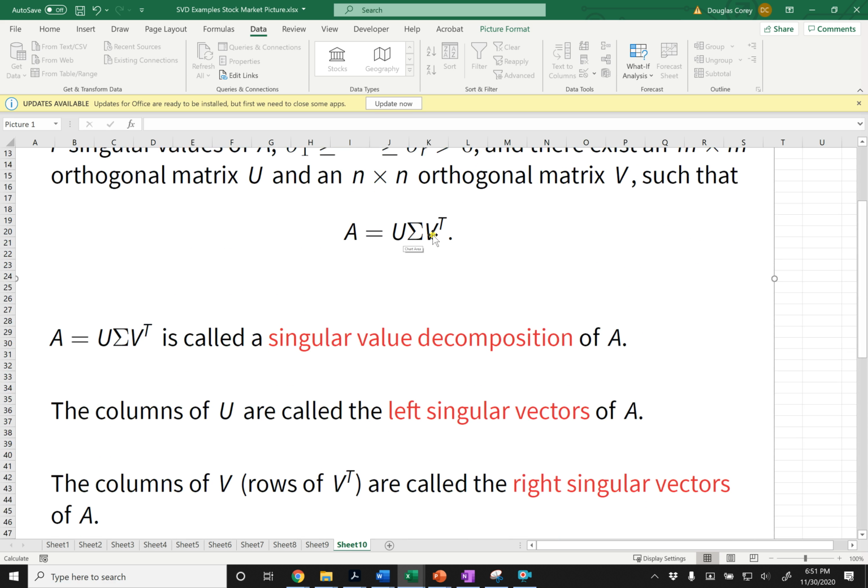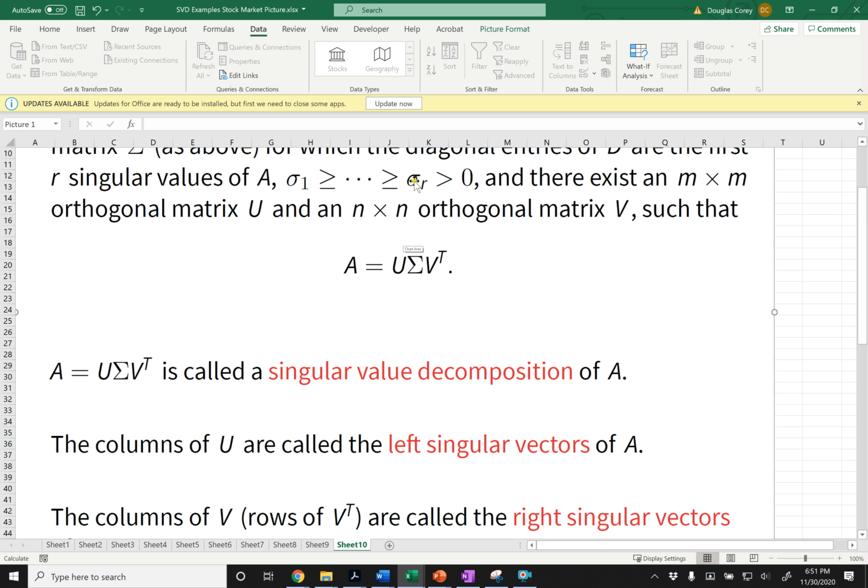We've seen U and V. This sigma is the same size as A, and it has zeros everywhere except down the diagonal, what you'd think of as the diagonal if you start at the upper left. And the values down the diagonal are the singular values.